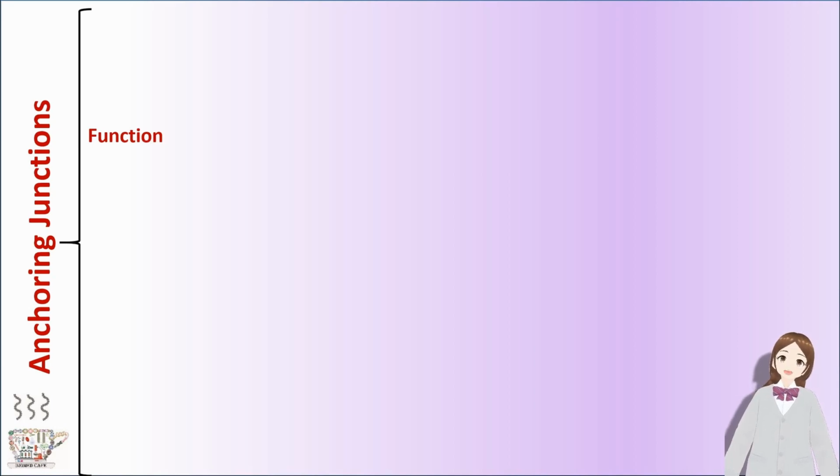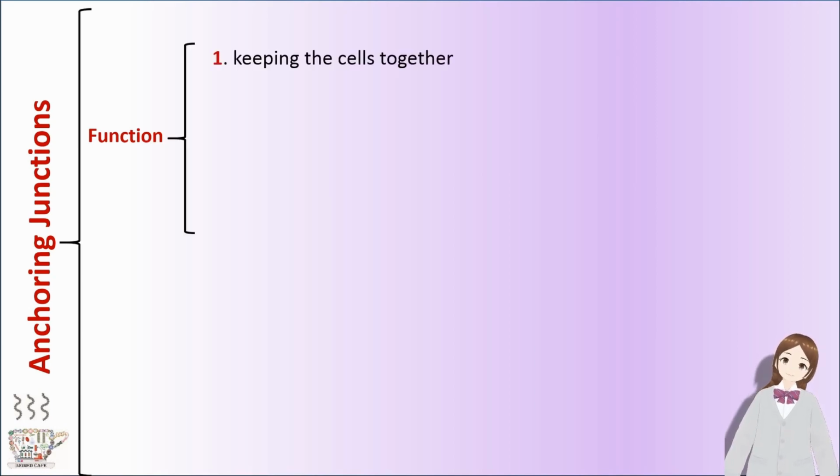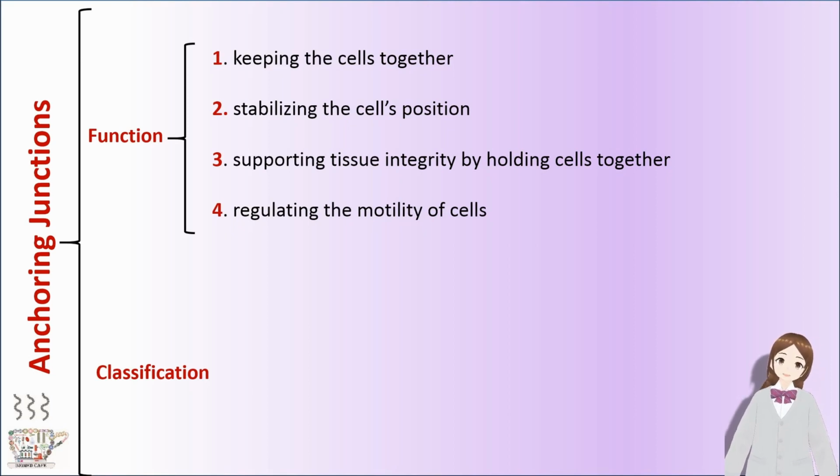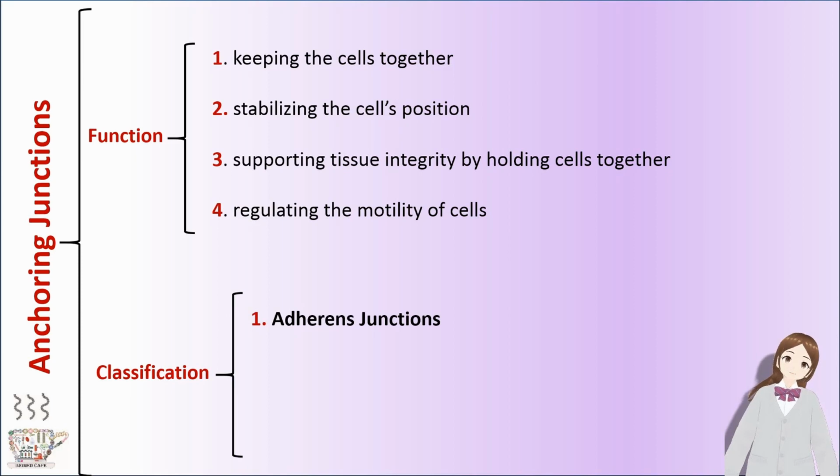They play a role in keeping the cell together, stabilizing the cell position, supporting tissue integrity by holding cells together, and regulating the motility of cells. As I told you some minutes ago, anchoring junctions can be divided into three subgroups: adherens junctions, desmosomes, and hemidesmosomes.